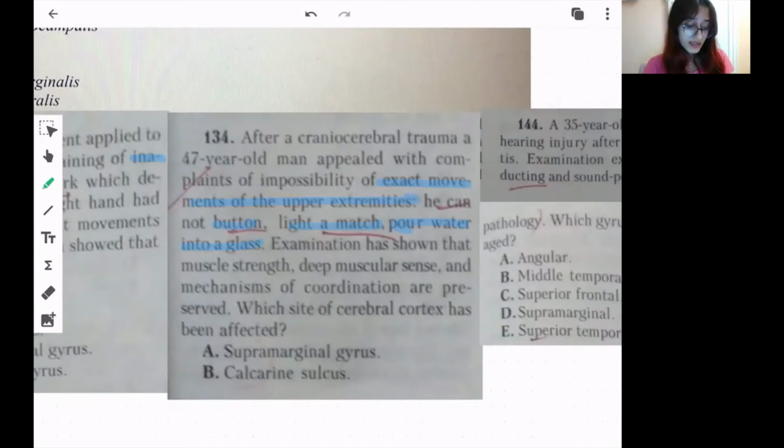Muscle strength, deep muscular sense, and mechanisms of coordination are preserved. So there's no problem with the cerebellum, and his muscles are still working, but he cannot perform the tasks with the accuracy he could before. So the answer is again the supramarginal gyrus.